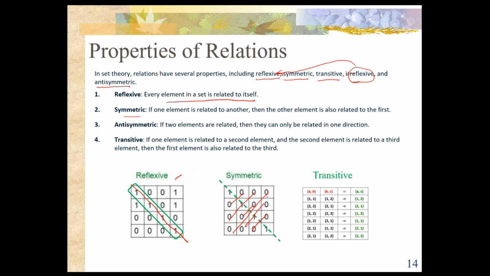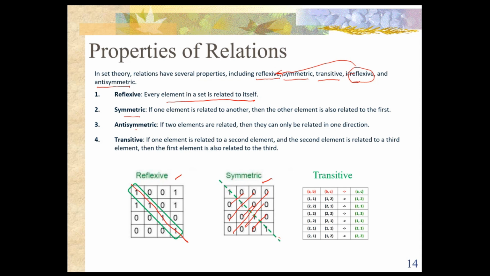If yes, for all, it must be all, then it's symmetric. If any of the reflections fails, that means you don't have the opposite pair with the same value. For example, if there's no similar value on the other end of the diagonal line, then it is not symmetric, even if just one fails.